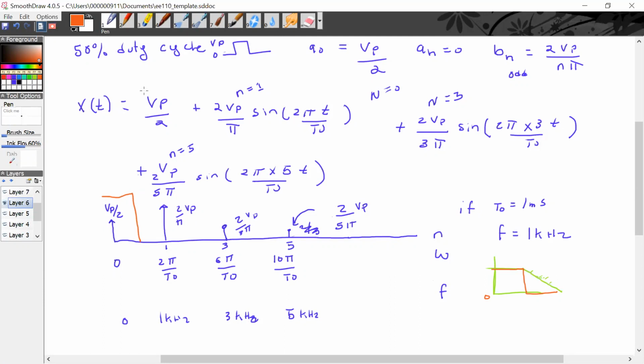Now, again, this is a linear scale, and this is log log.